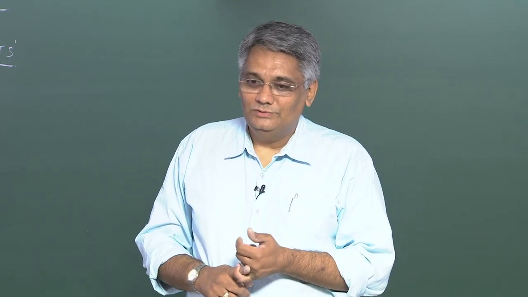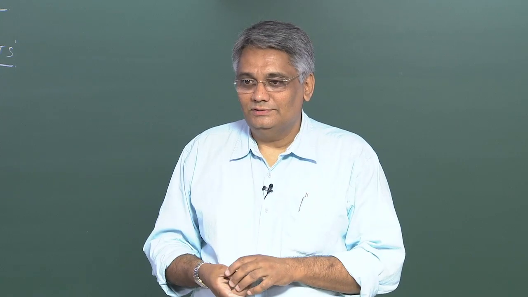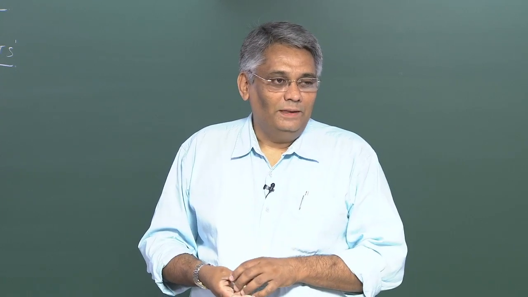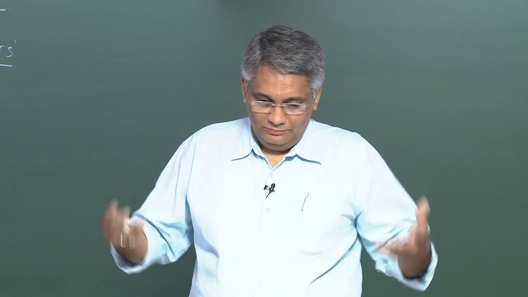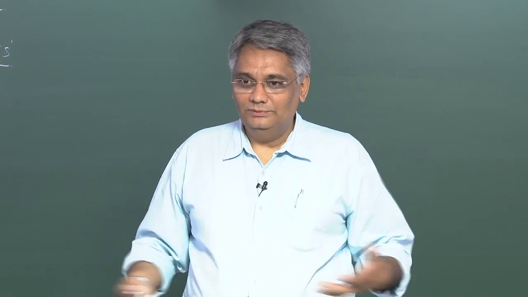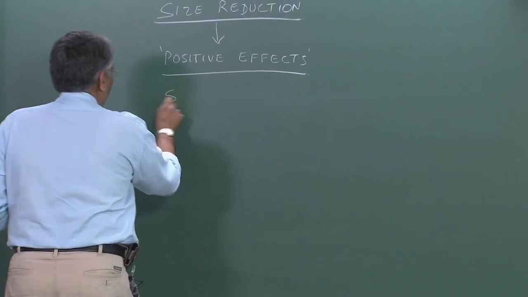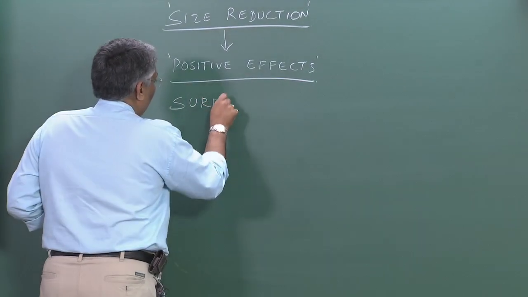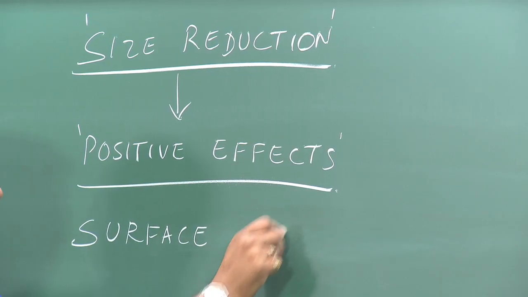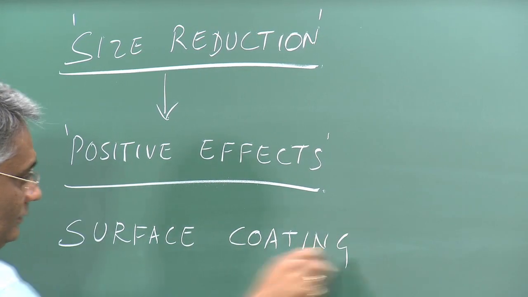One of the applications is you create these corrugated, nanostructured surfaces, and if you have them in a coating form, this is called surface coatings. Surface coating technology is a big field now.